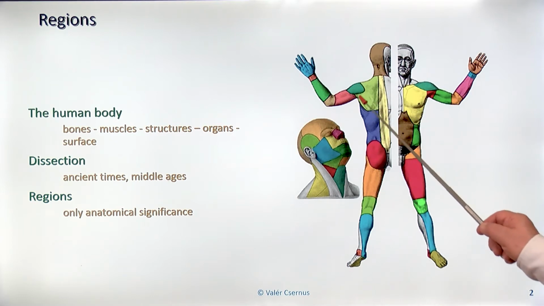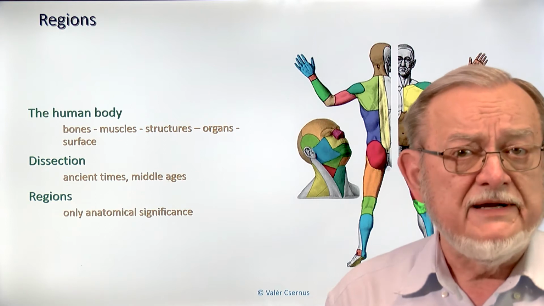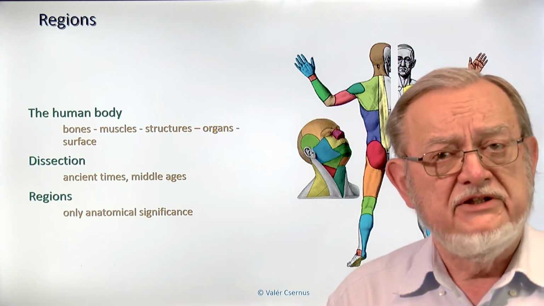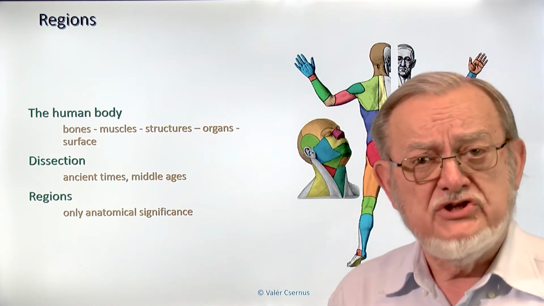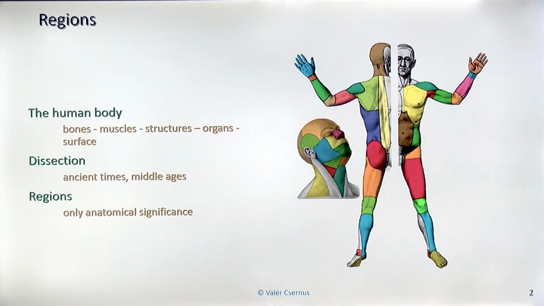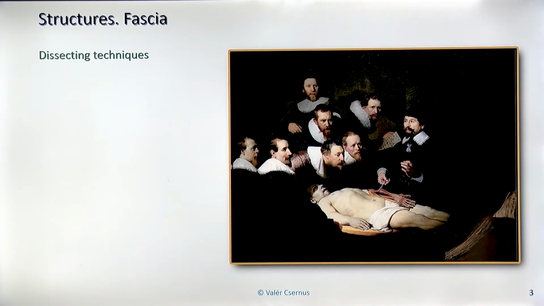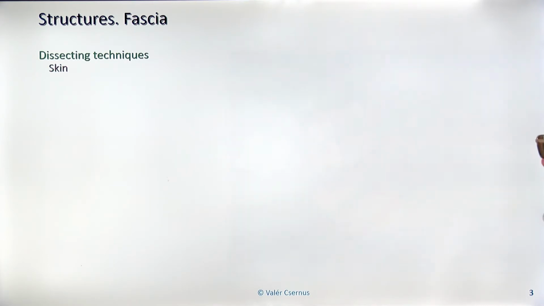The borderlines of the regions have only anatomical significance, but without that, we cannot really teach anatomy didactically. Now let's see what kind of structures are in the human body beside the bones, and I give you an introduction in this and the next lecture, how to recognize them and how to make good use of them. So what kind of dissecting steps do we have?